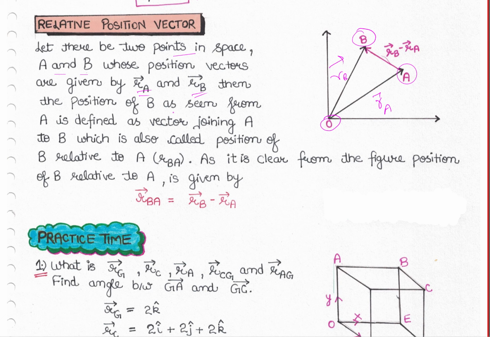Then the position of B as seen from A is defined as a vector joining A to B, which is also called position of B relative to A, that is RBA. As it is clear from the figure, position of B relative to A, we can write RBA is equal to RB minus RA.